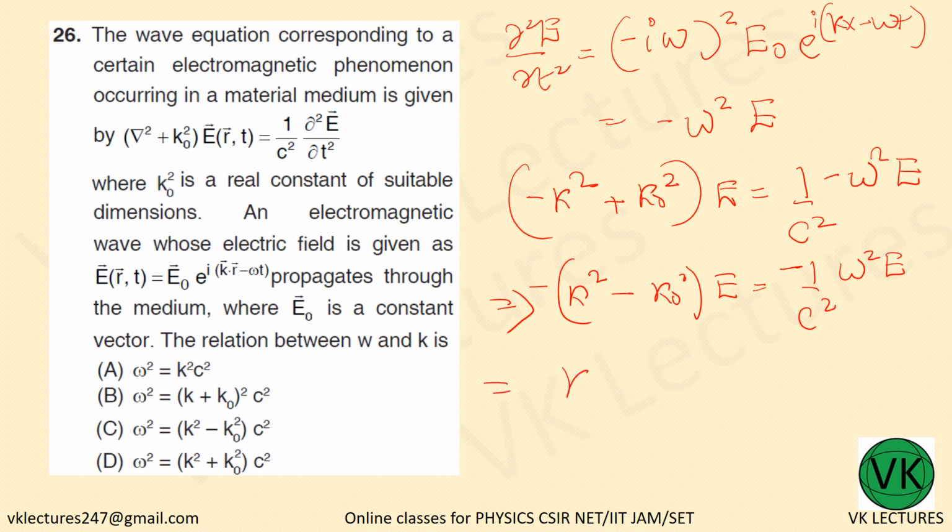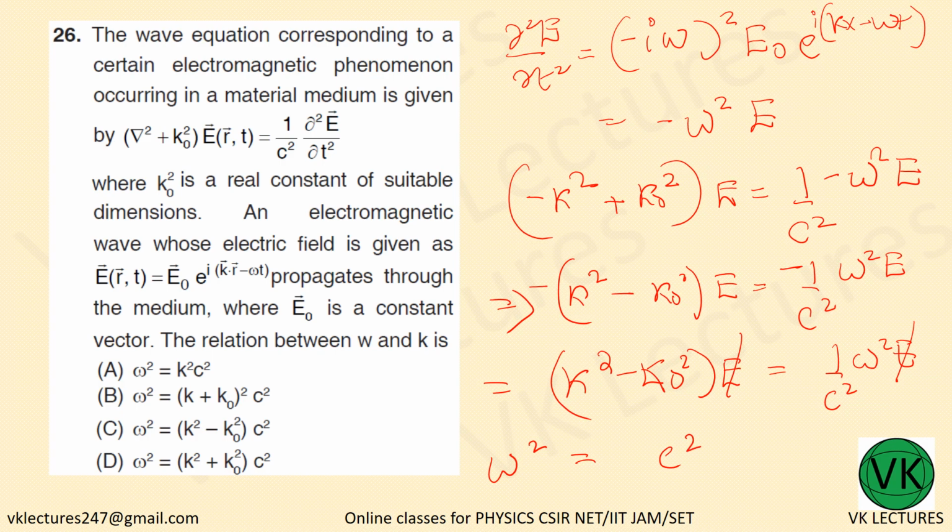What remains is k square minus k naught square into E equal to 1 by c square omega square E. Now E and E get cancelled. You want omega square. Omega square is equal to c square into k square minus k naught squared. So your option is C.